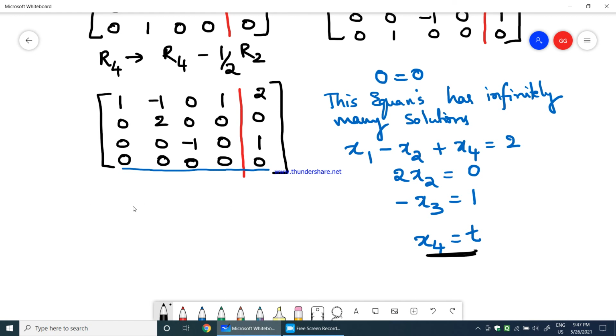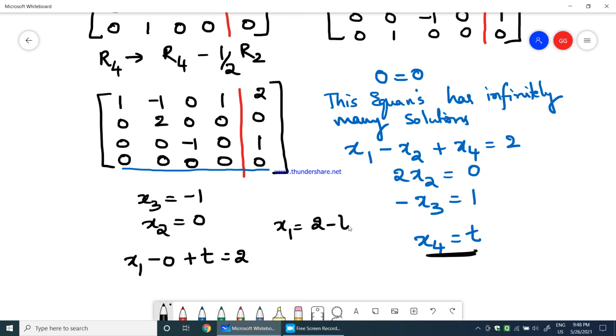So in that case, we got x3 equal to minus 1, and x2 we got 0 because 2 times x2 equals 0, so x2 equals 0. Therefore, x1 minus 0 plus x4, which is t, equals 2. Therefore, x1 would be equal to 2 minus t.